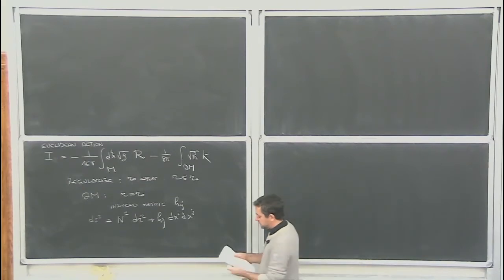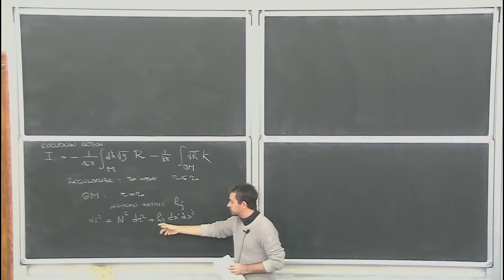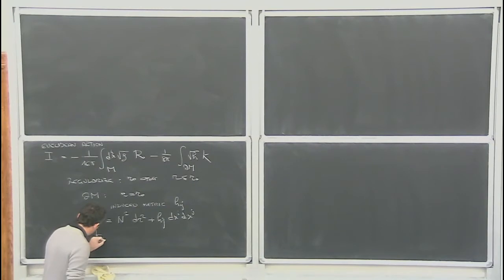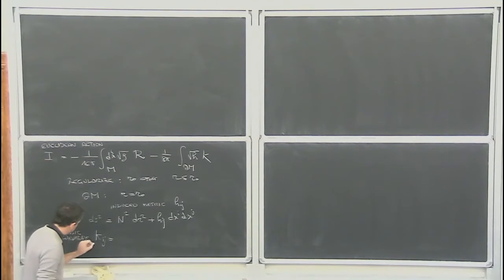And K here is the trace of the extrinsic curvature of this induced metric. So there is something like the extrinsic curvature, and then there is its trace.